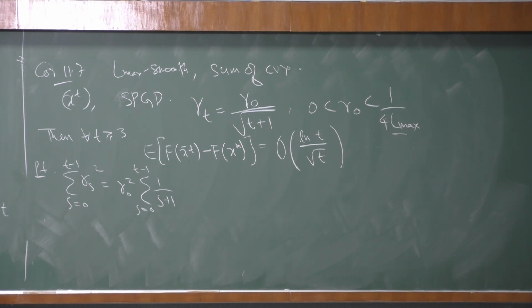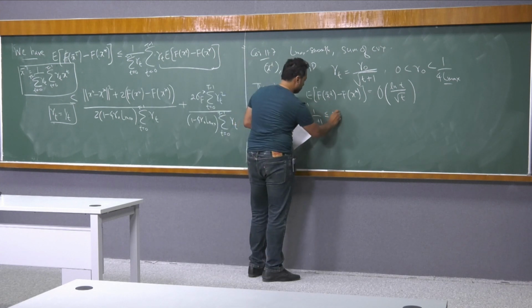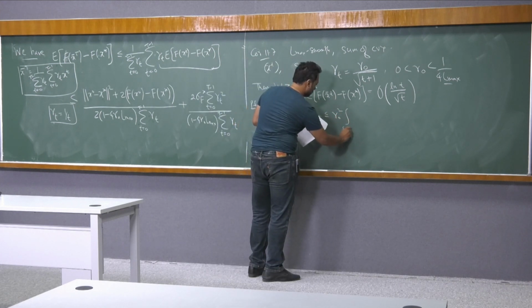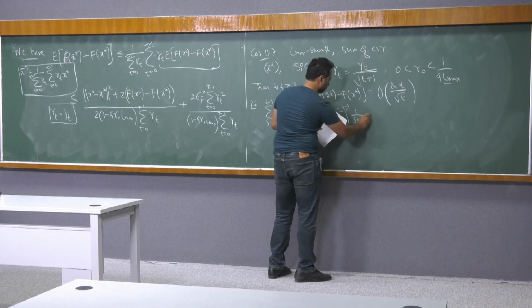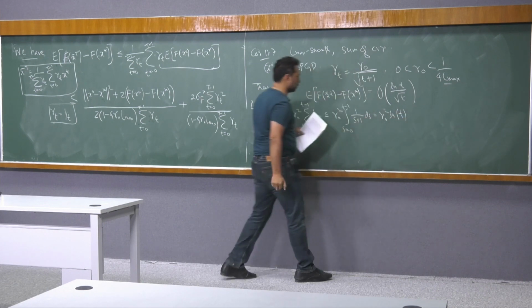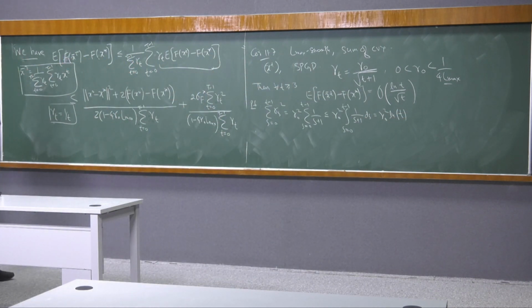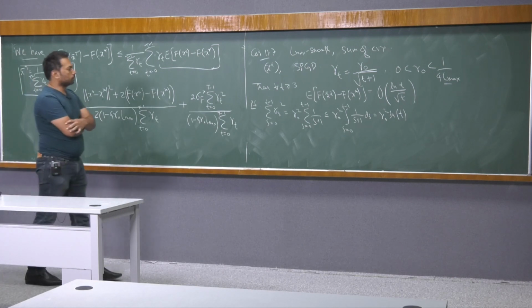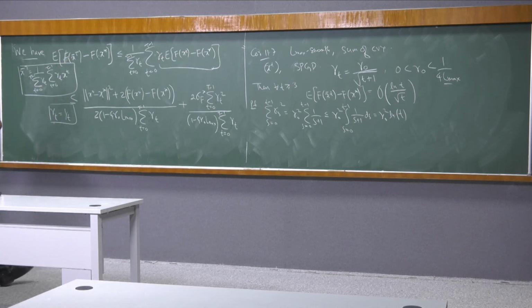Then using the integral bound, this will be at most gamma naught square times the integral of 1 by s plus 1 ds, which is gamma naught square ln t. This sum will be dominated by the integral, and if you do the integral, it gives log of s plus 1, and if you put in the limits, eventually it's log t.